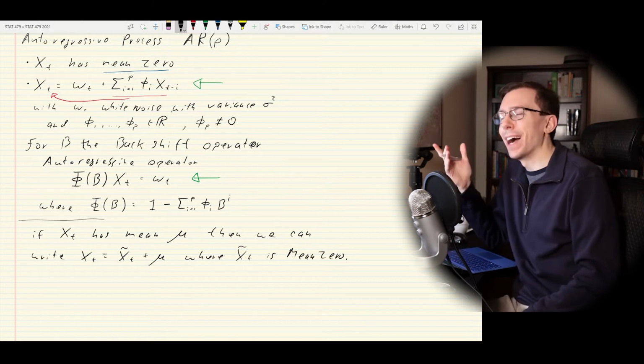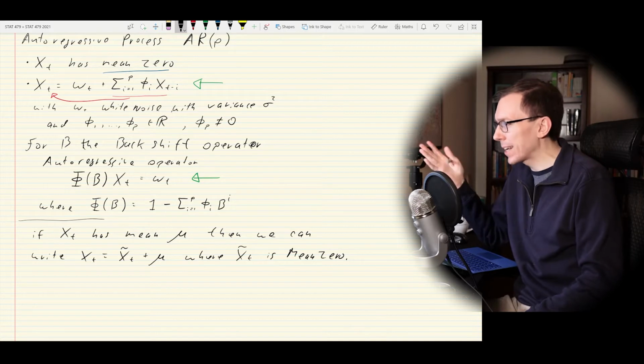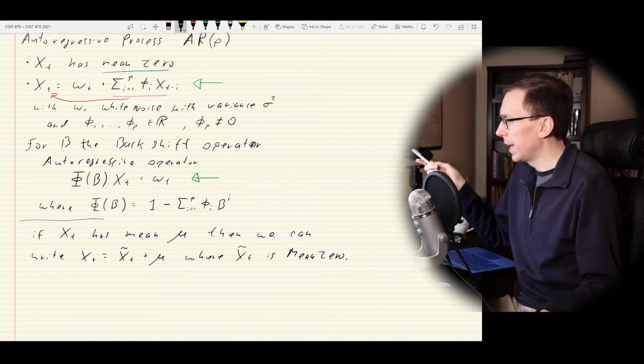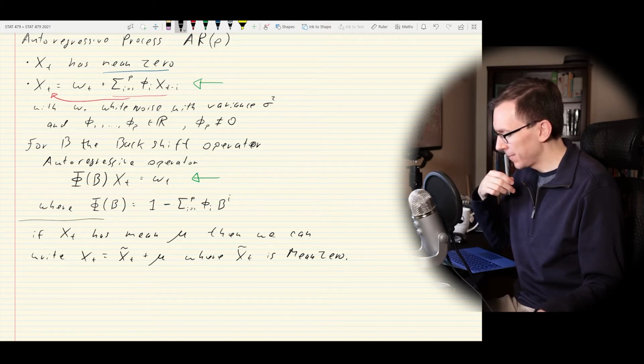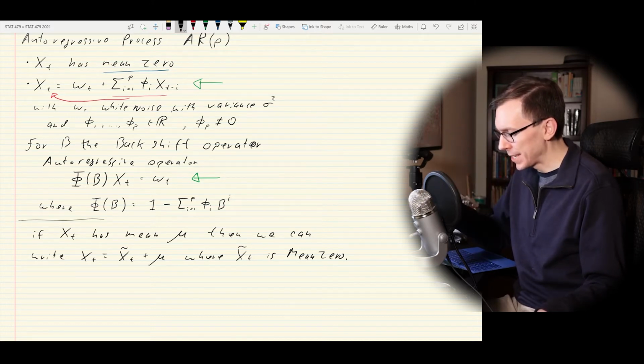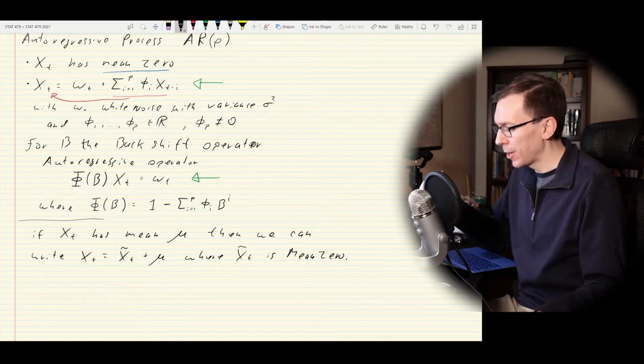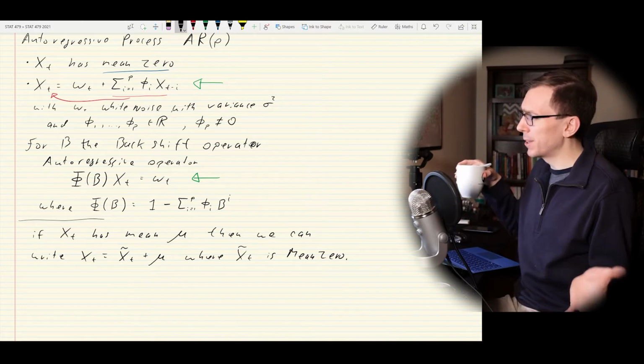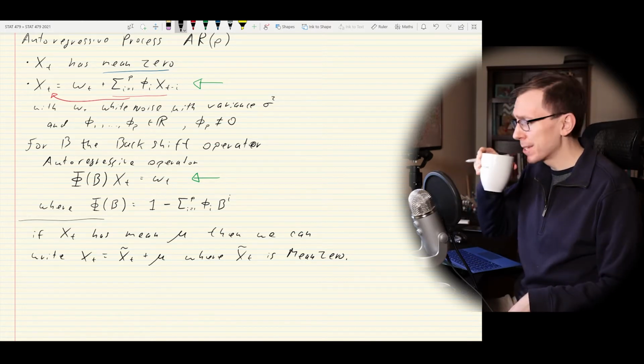Okay, well, that's fine, right? We're basically saying we can subtract off the mean and we'd get a mean 0 process. But if we want to look at that in terms of the autoregressive formula, the first green arrow up at the top of the screen, what we can do is plug this definition in and see what happens.